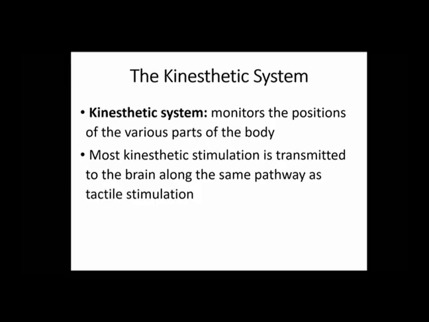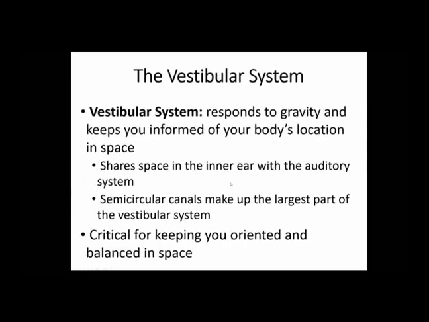And most of what we're perceiving to get this sense of kinesthetics is transmitted along the same pathways as our tactile stimulation. So it's going to be using a lot of our tactile information to give us a sense of where our body is. Now, in contrast, our vestibular system is responding to gravity. So this is giving us our sense of orientation, or our location in space.